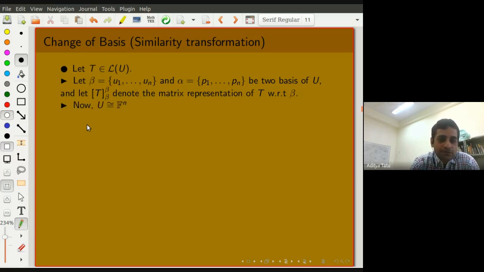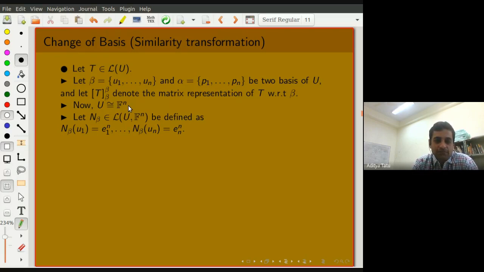Now if you recollect, we did this concept of vector space isomorphism. Since I have an n-dimensional vector space U over the field F, U automatically becomes isomorphic to the vector space F^n. I don't remember the proposition, but there was a proposition where we proved that two vector spaces over the same field with the same dimension are isomorphic. And I can also specify a particular isomorphism.